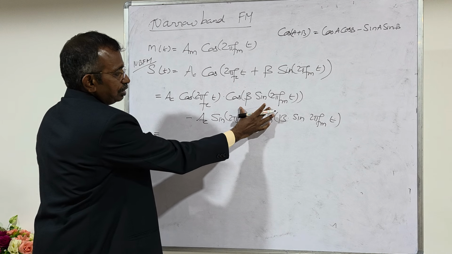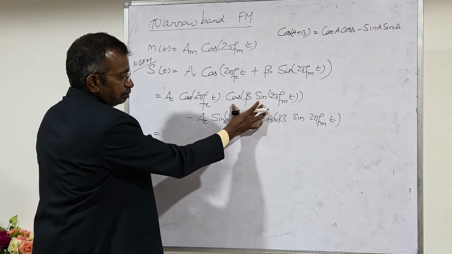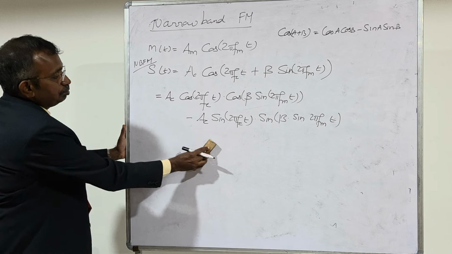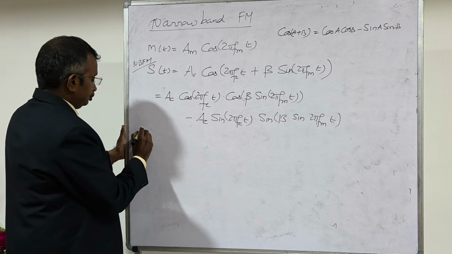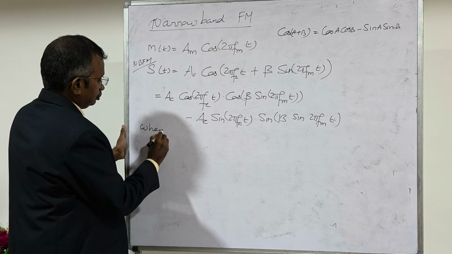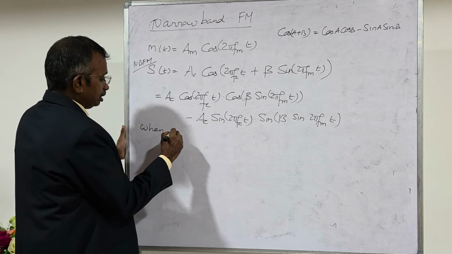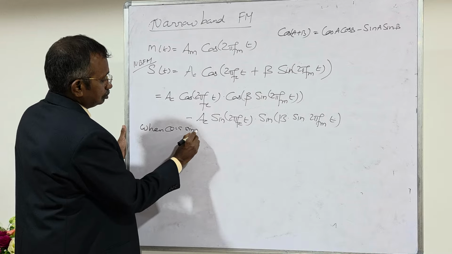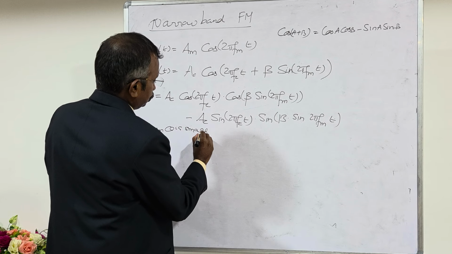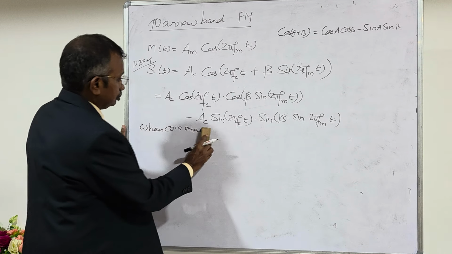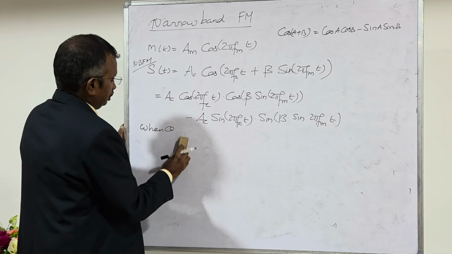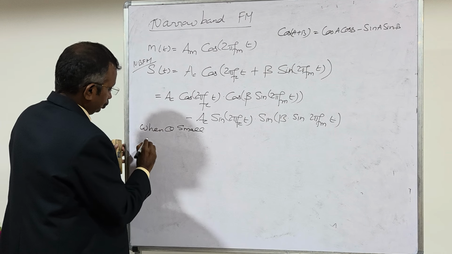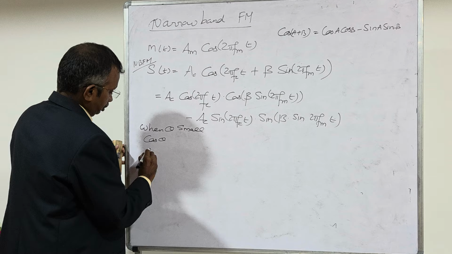You have to see that this is the term that contains beta. So, when beta is small, or you can take when theta is small, what happens to cos theta and sin theta?